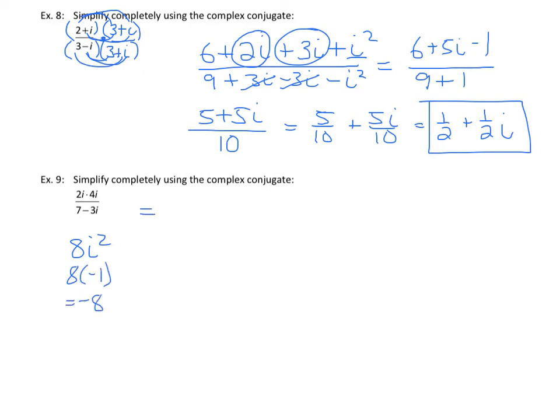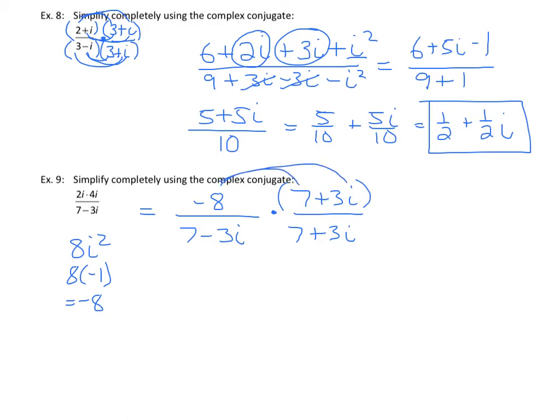So this is really negative 8 over 7 minus 3i. Now we multiply by the complex conjugate over itself. So 7 plus 3i over 7 plus 3i. On the top, we just need to distribute the negative 8 to both terms, and we get negative 56 minus 24i.